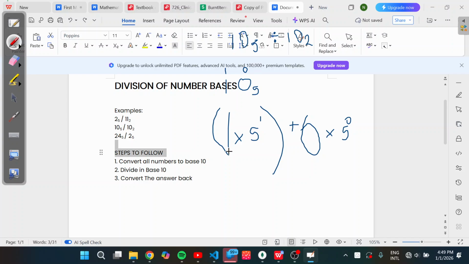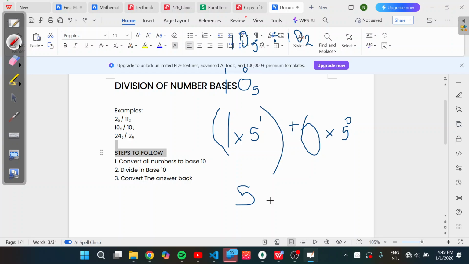1 times 5 to the power of 1 will give you 5, because you're basically saying 1 times 5. Do you understand? You're saying 1 times 5. Then the next one is 0 times 5 to the power of 0. 5 to the power of 0 is the same thing as 1, and 0 times 1 will give you 0.